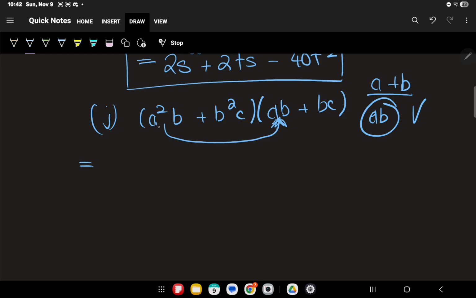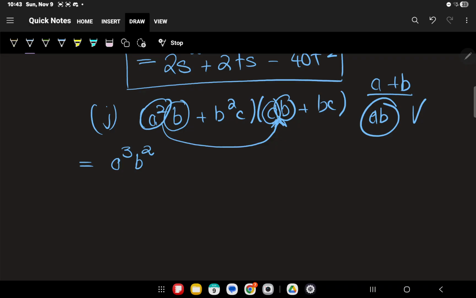You can multiply the variables individually, because you can't really multiply the a to the b here, since they're the same term. So a squared times a is a cubed, and b times b is b squared. Okay, so a squared b times ab is a cubed b squared.